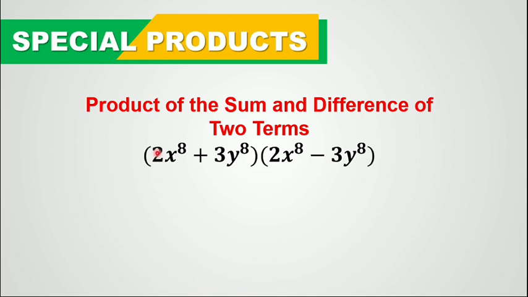But as what you can see also, the first term of the first binomial is just the same with the first term of the second binomial. And the second term of the first binomial is also the same with the second term of the second binomial. The only difference is just that they have different operations. So this is plus and this is minus.